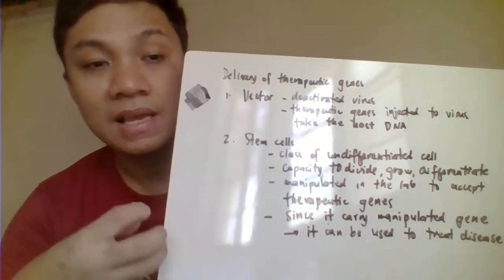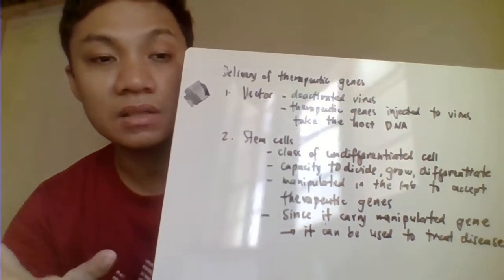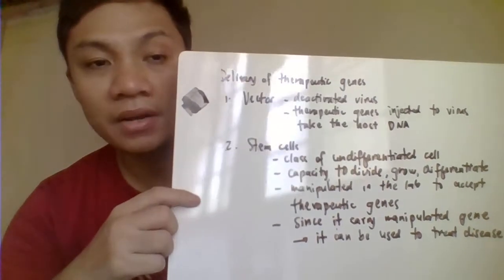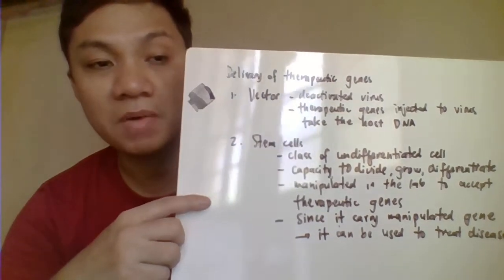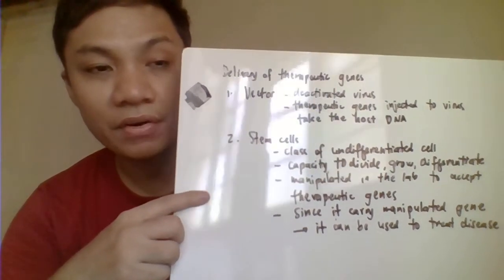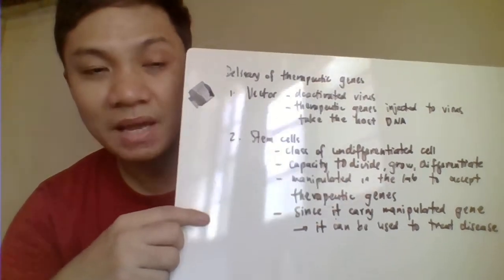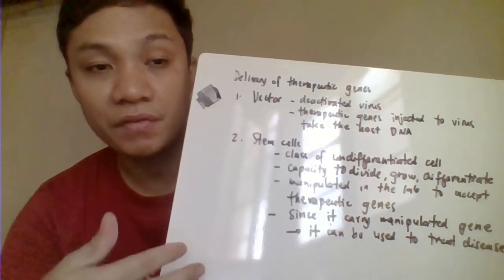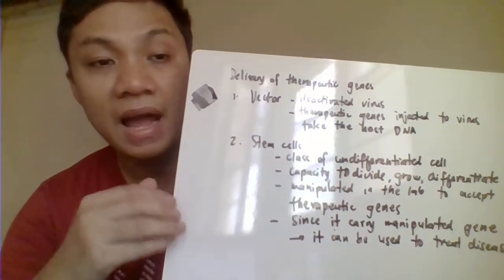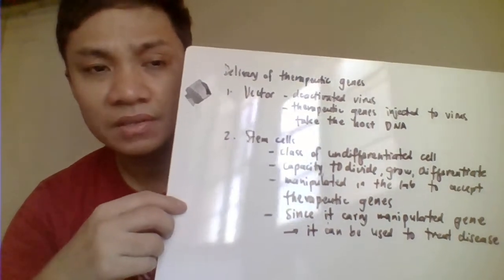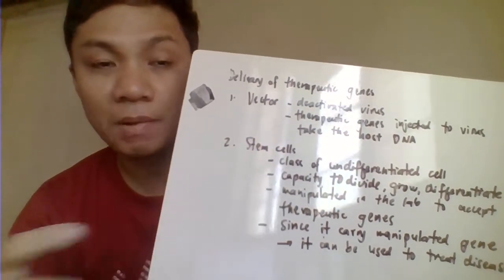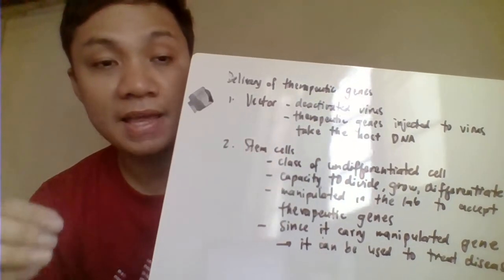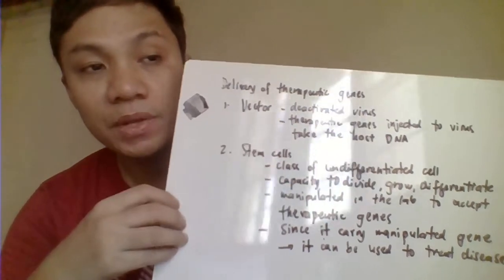So siya magkikarry ng therapeutic gene in order for that to be inserted into the gene of the host or the patient. Another one, you could deliver your therapeutic gene by the use of your somatic stem cells. So stem cells, in our hematology, are the cells which have the capacity to grow, to differentiate, and divide. Most likely these are undifferentiated cells or young cells. Even your white blood cells, meron silang normal process of maturation, we have the young cells of that, and it could grow, multiply, differentiate and become mature. Same true with your stem cells.